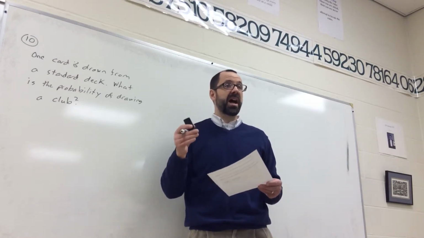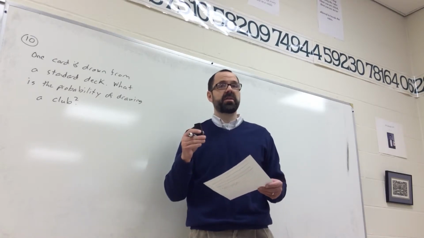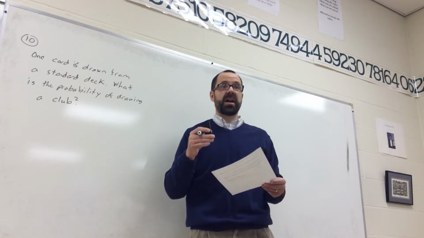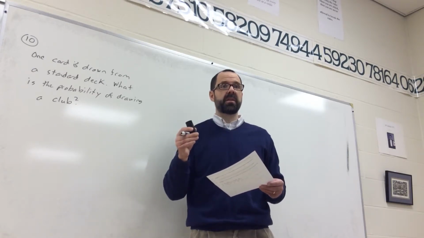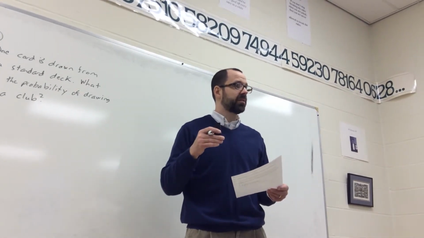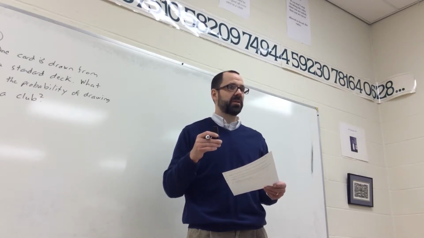So, for example, a 9. There are 4 9s. There's a 9 that's hearts, a 9 that's diamonds, a 9 that's clubs, and a 9 that's spades. So if the question said, what are the chances of drawing a 9, the chances would be 4 out of 52, because there's 4 9s in the standard deck.